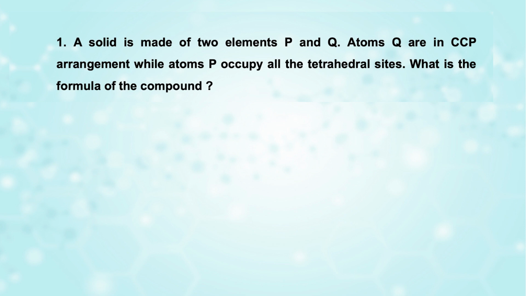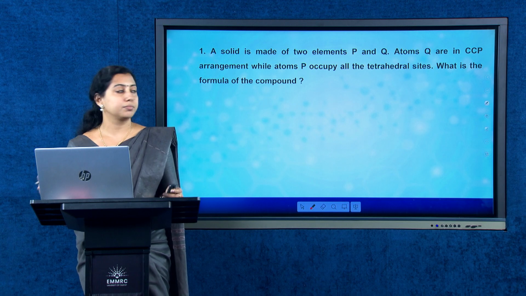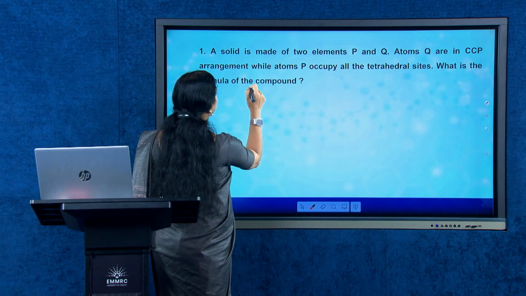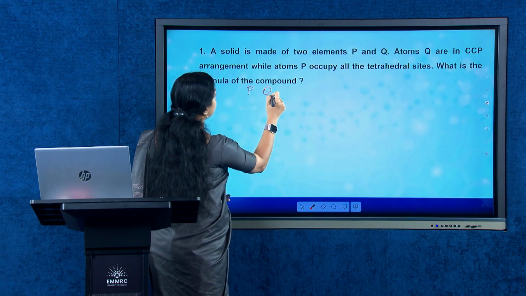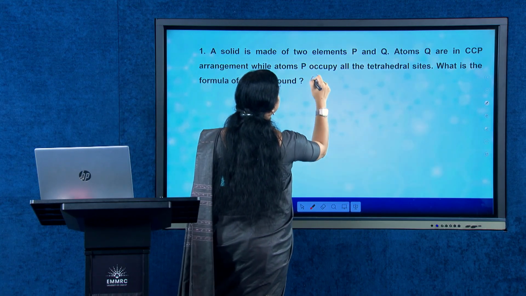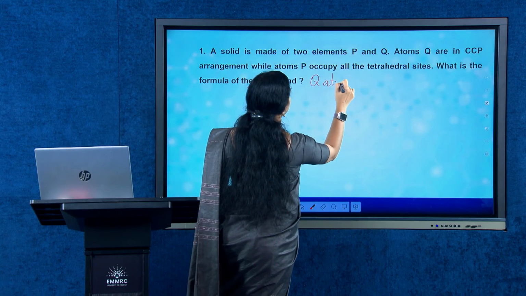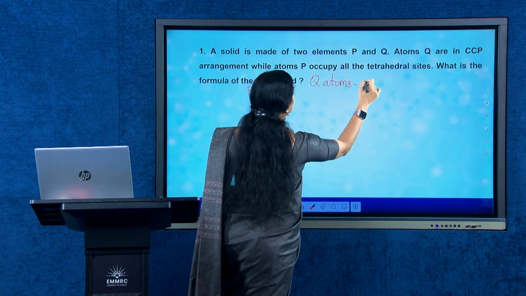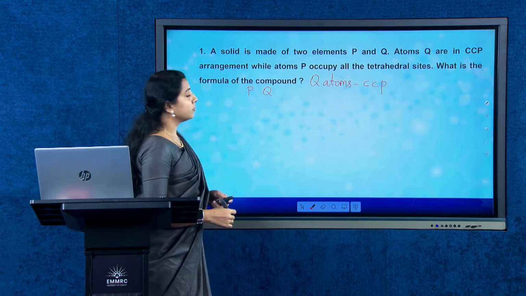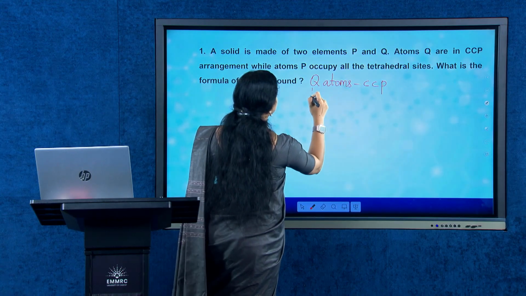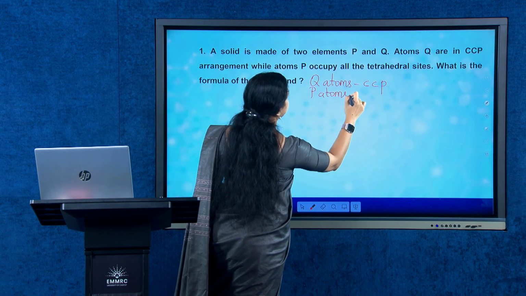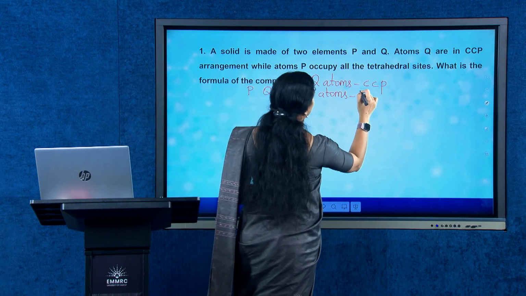What is the formula of the compound? So, it is given in the question, we have two atoms P and Q. It is given that the Q atoms form a CCP arrangement, or a close packed arrangement, and the P atoms occupy the tetrahedral voids.